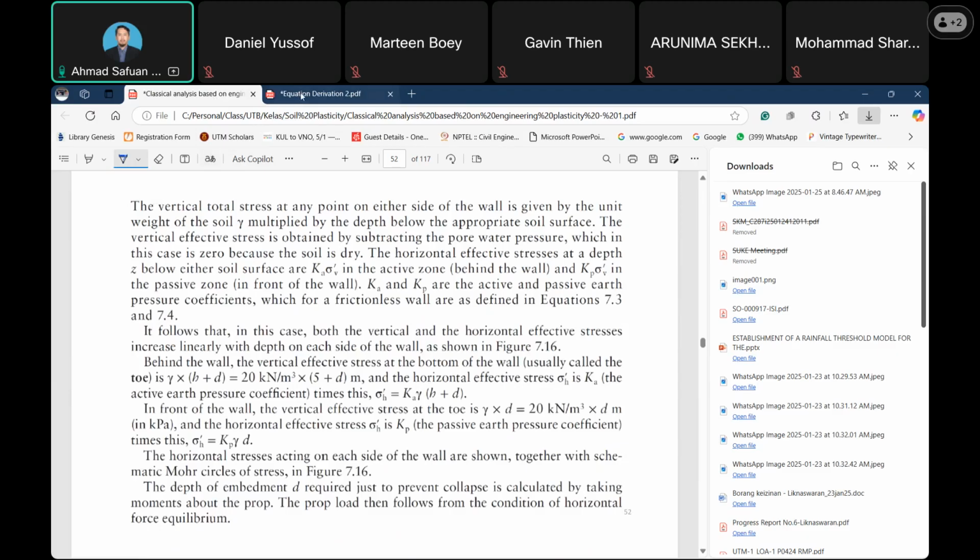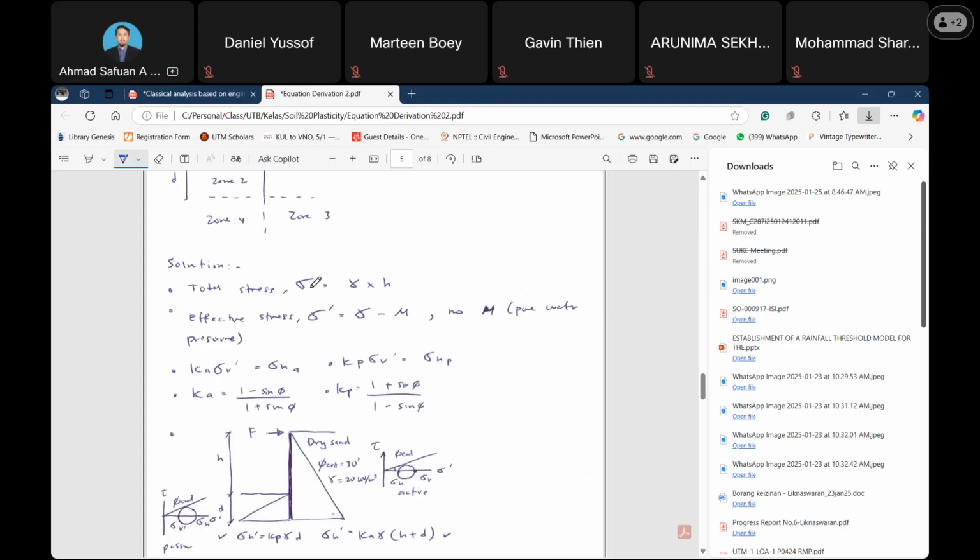So stress is equal to gamma times H, as a vertical stress.